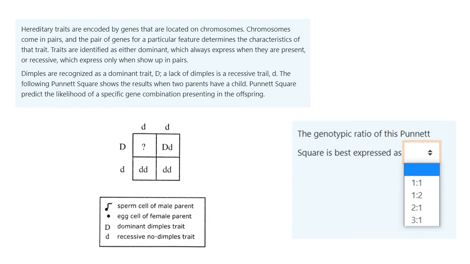Now, this question is asking about the genotypic ratio. The phenotypic ratio is what is showing, so have or not have. The genotypic ratio is the different combination of genes. So let's just put in that one again. So what we have is Dd, one dominant, one recessive, and we have two recessive, or homozygous recessive.